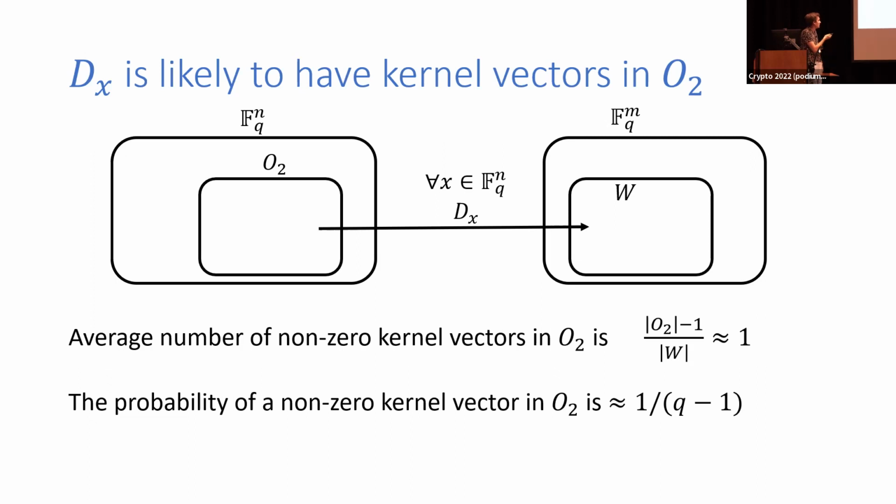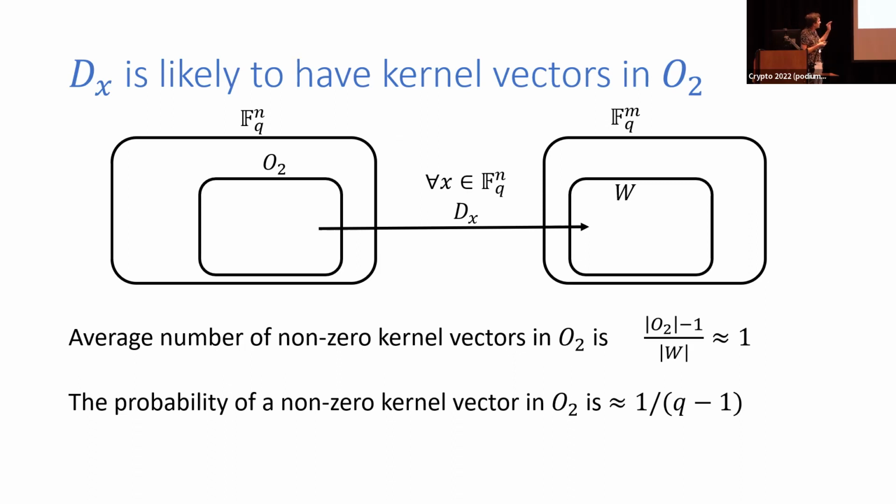And the dimension of O2 and W are the same, so this average number of non-zero kernel vectors is going to be very, very close to 1. This is useful to us because we want to find these vectors in O2, and a good place to look for them is in the kernels of these differentials.